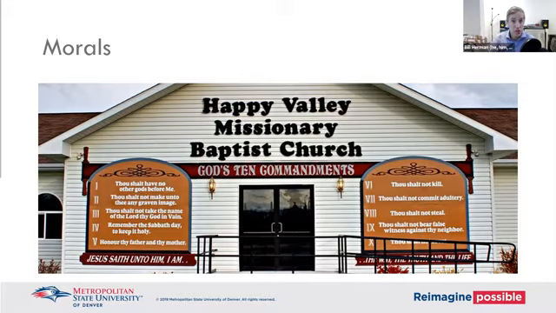Again, I do this too. It's a normal thing to conflate the two. The Ten Commandments are a classic moral code that determine how individuals should behave in relation to other individuals and in relation to God.